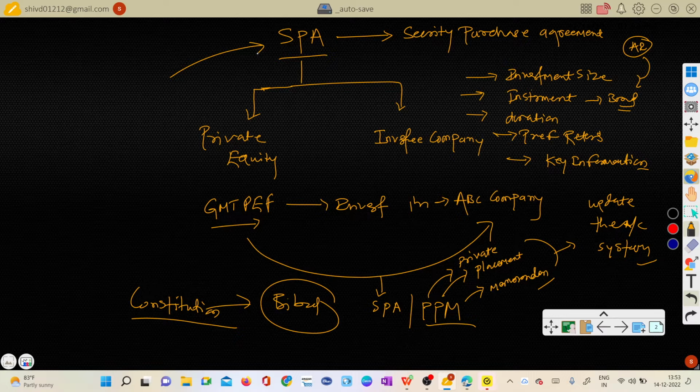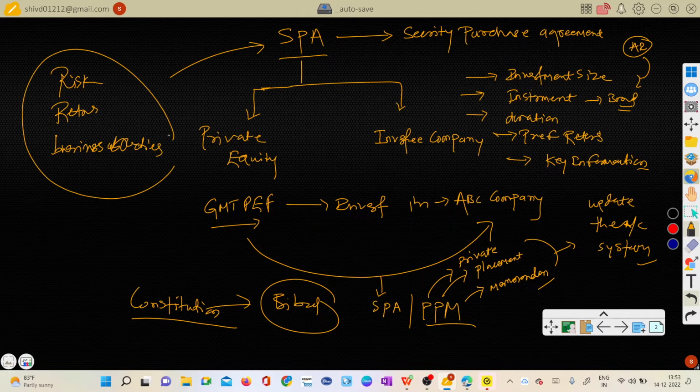So we'll have to set up a procedure in place. We'll have to define each and everything about risk, return, right? Then all the other business objectives and all. Everything will have to be decided, and after that, if you are agreed, only then will this investment proceed further.